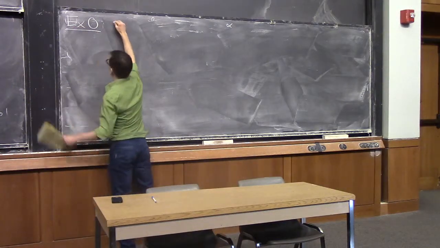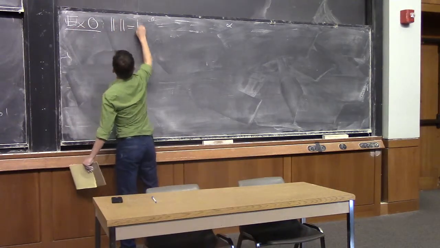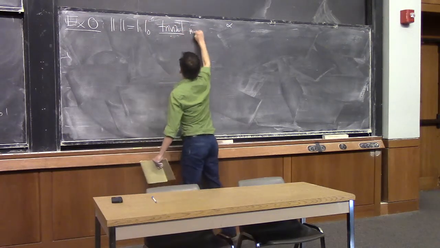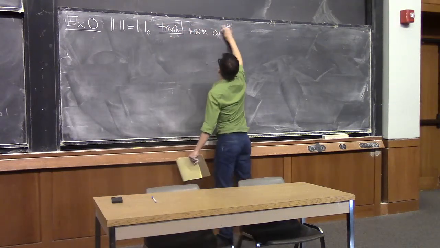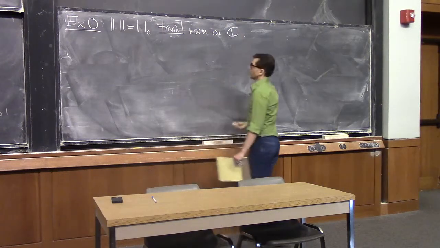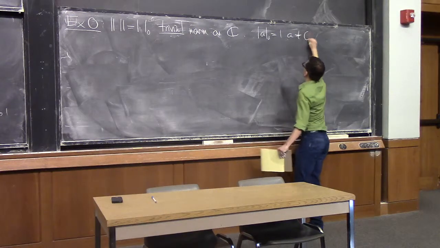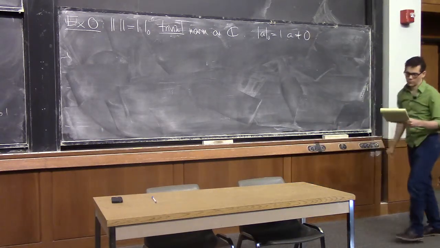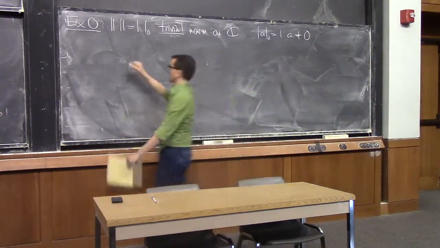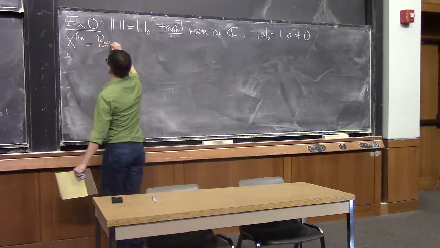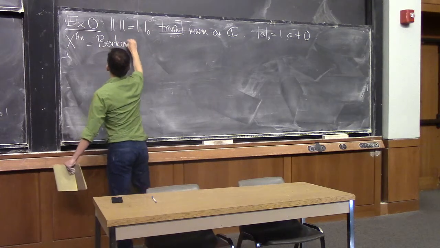Right, so here's example 0. I take the trivial norm on C, and then I get an honest Berkovich space.